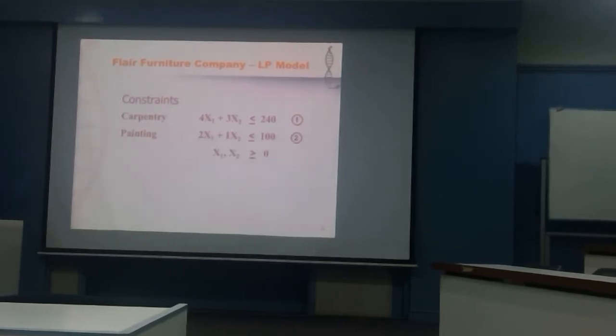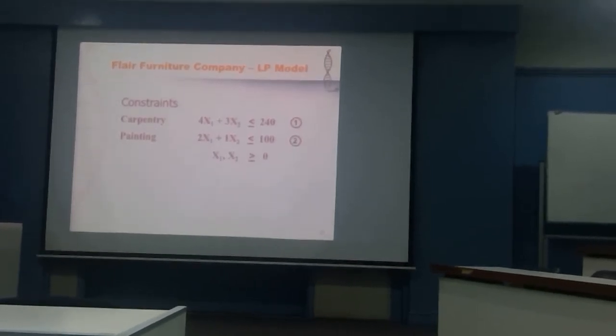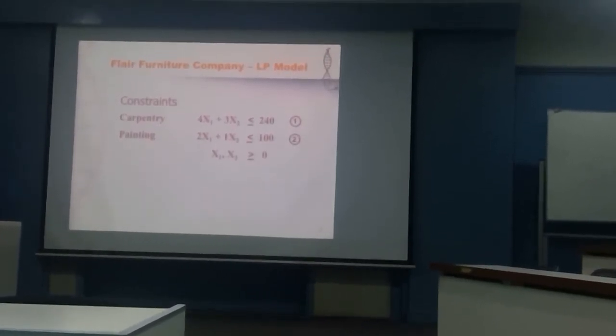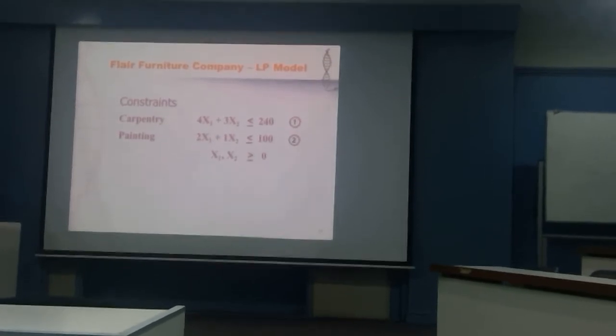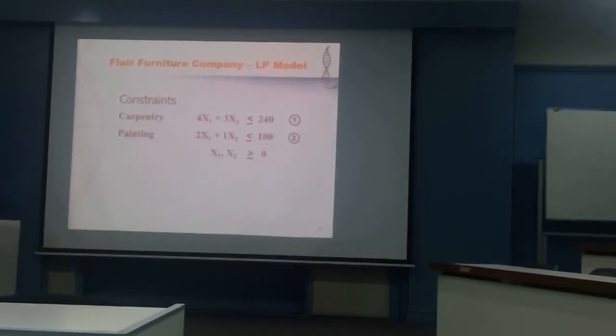The total carpentry hours you need is 4x1 plus 3x2, but it cannot exceed the 240 available. So the first constraint is 4x1 plus 3x2 less than or equal to 240.